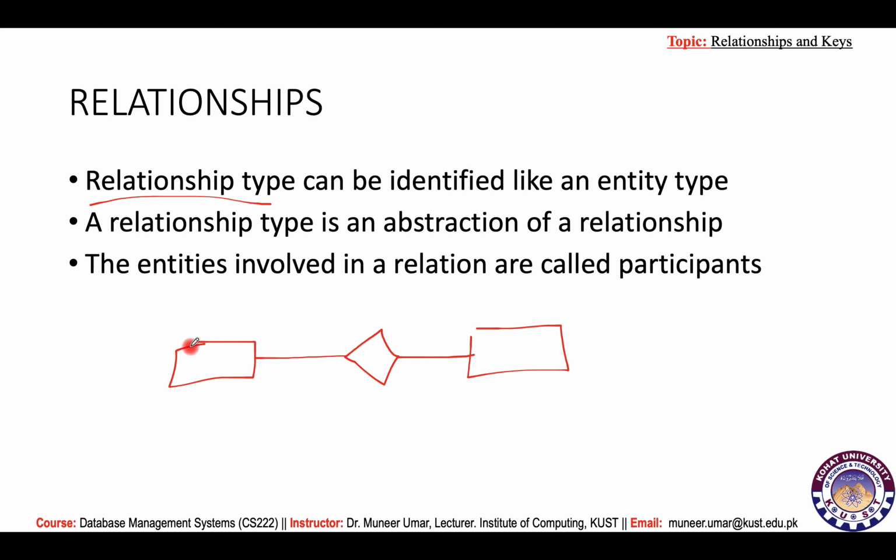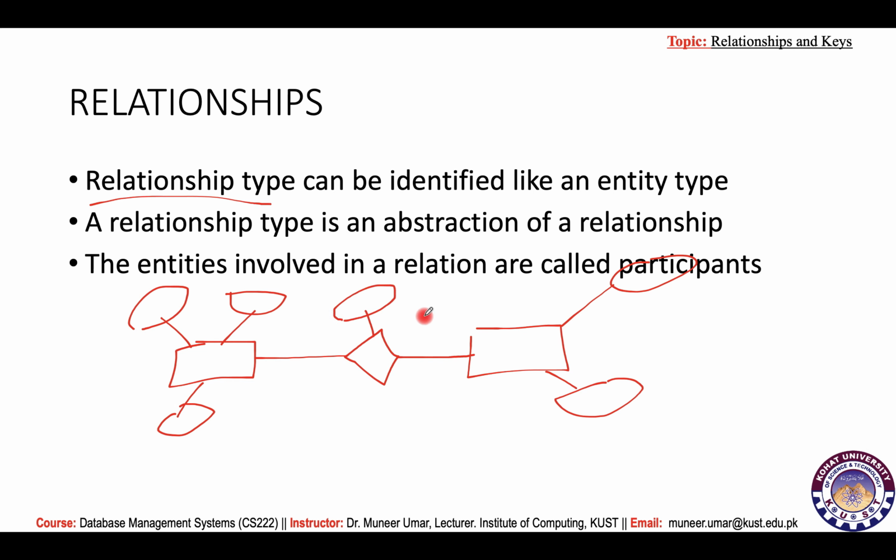These entities may have some attributes. Similarly, this one will also have some attributes, and this relationship can also have attributes just like an entity type.